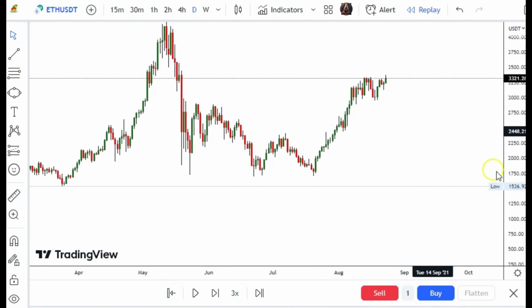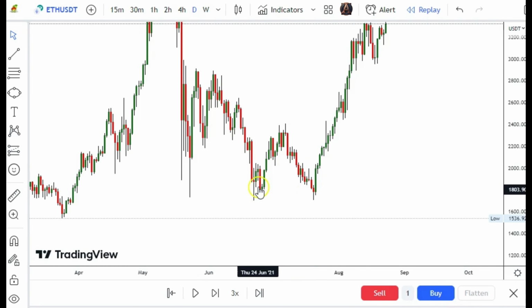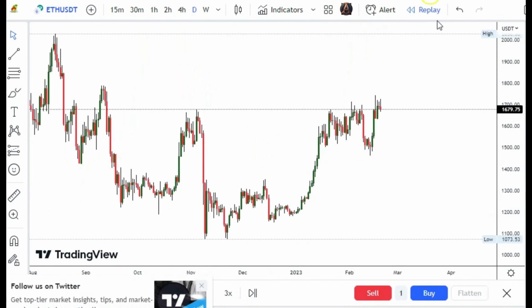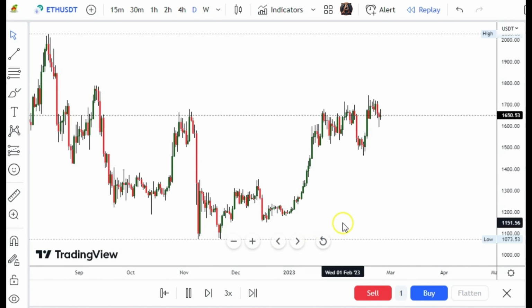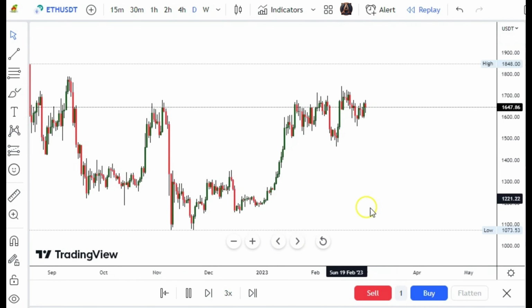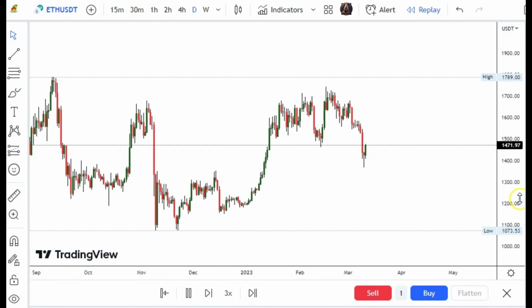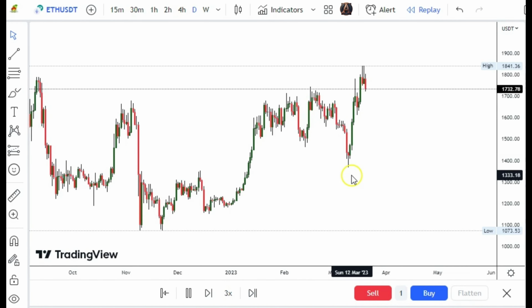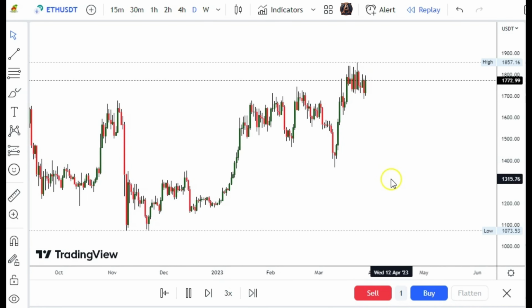Also, here we see that a hammer candlestick and a bullish confirmation candle and a good uptrend have been formed. And here a hammer pattern and a confirmation candle and a good uptrend. In the next chart, we'll see together a hammer candle and a confirmation candle are fully formed, and there's an excellent uptrend ahead.